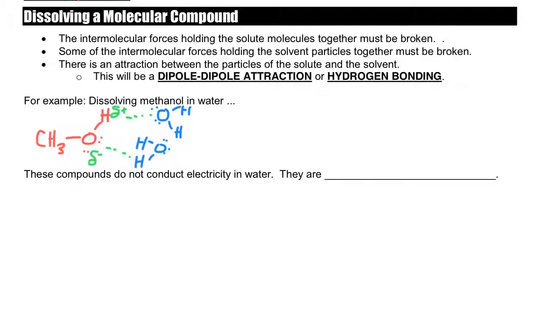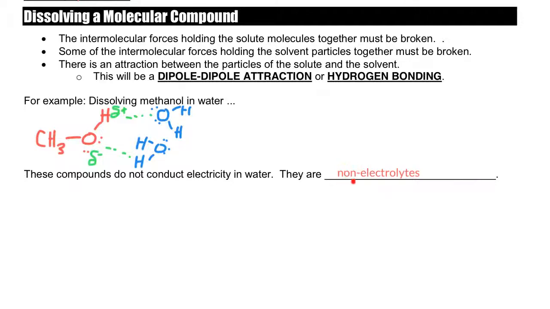If you'll remember from Unit 1, hydrogen bonding is just a special kind of dipole-dipole attraction where you have oxygen bonded or attracted to hydrogen. I've actually shown a hydrogen bond here. When you dissolve molecular compounds in water, they don't conduct electricity.